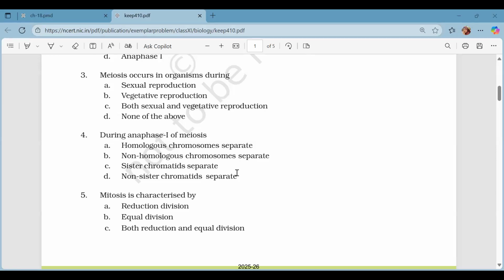It's okay, right? I don't need to write the entire answer. No, only the option number. Okay.